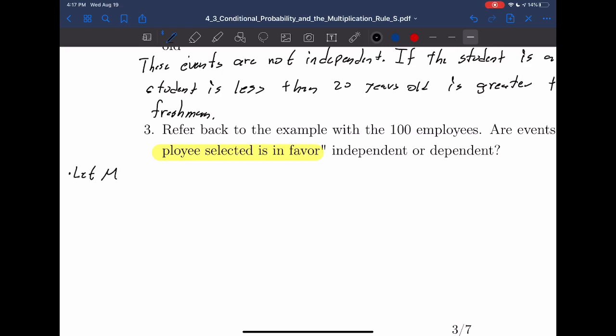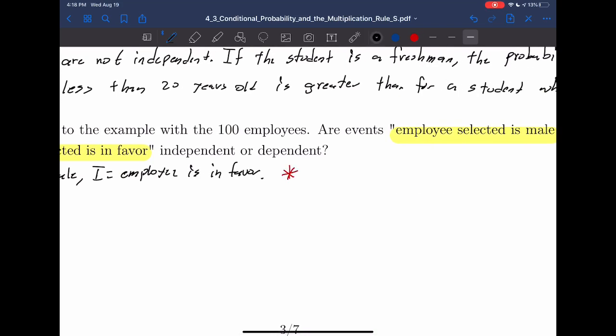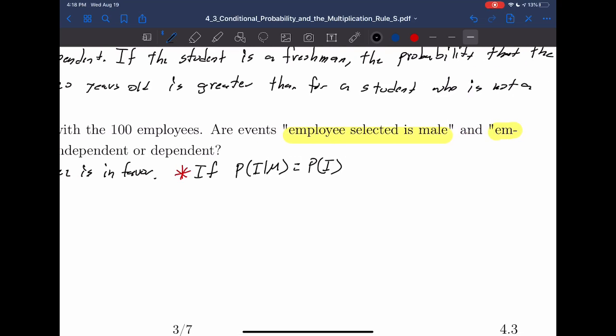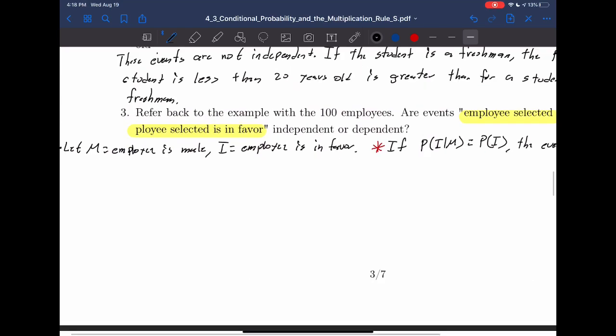So let M represent the employee is male, and I represent the employee is in favor of the new policy. We want to check if the probability of a person being in favor of the policy, given that they're male, is the same as the probability of a person being in favor. Then we could conclude that the events are independent.